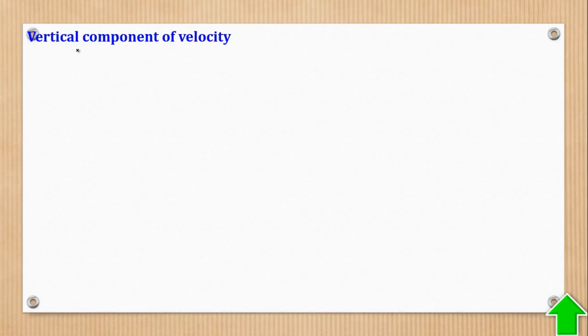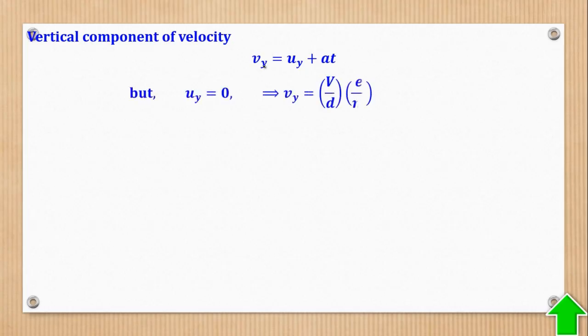So now we shall go to the vertical component of the velocity. For the vertical component, we shall use the first equation of motion. Vy means vertical component of final velocity, Uy means vertical component of initial velocity, acceleration, time. So that is the first equation of motion. Remember, initially the electron was entirely horizontal on entering the plates, meaning the vertical component is 0.